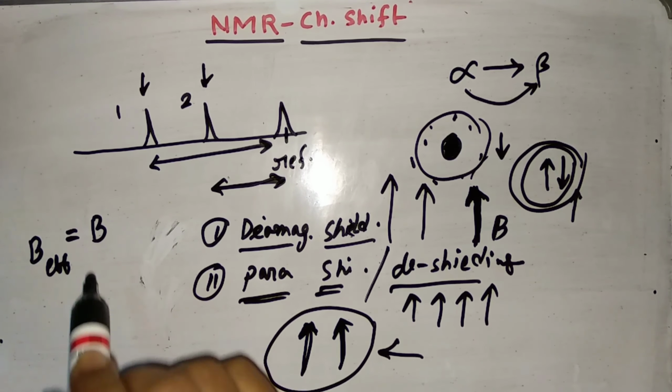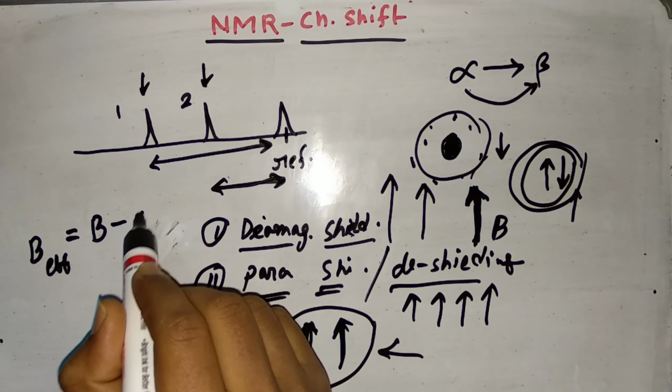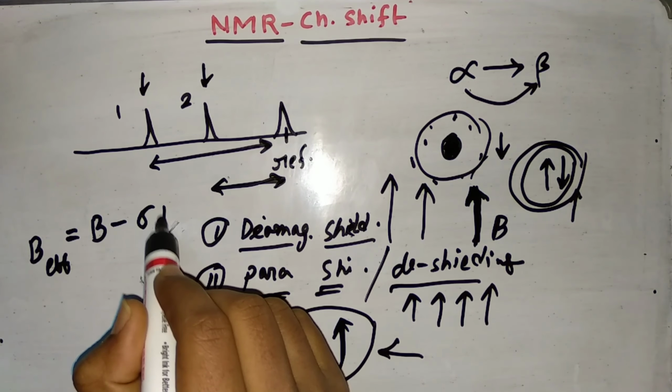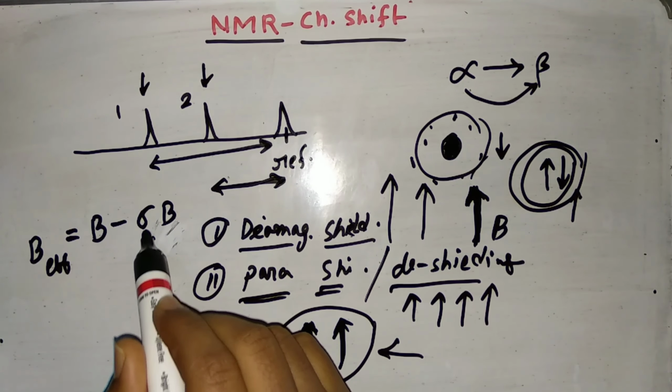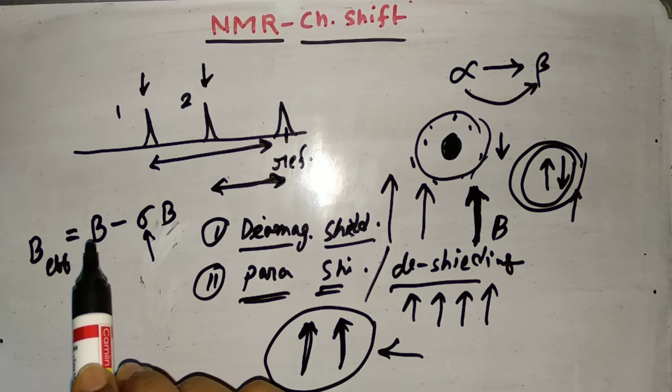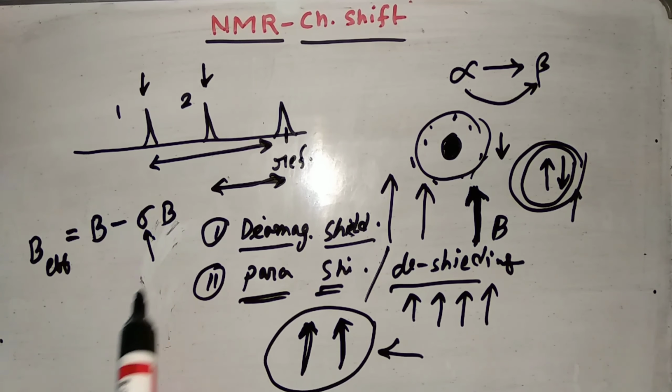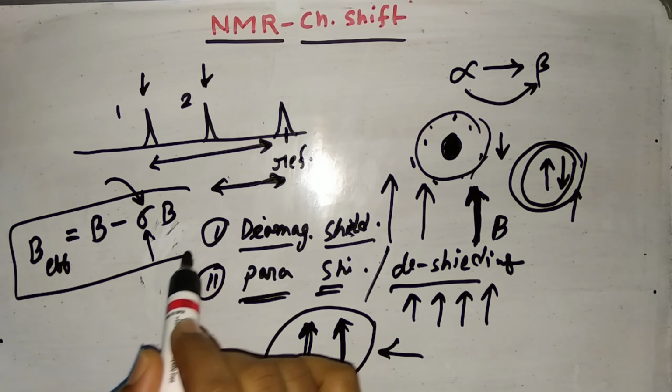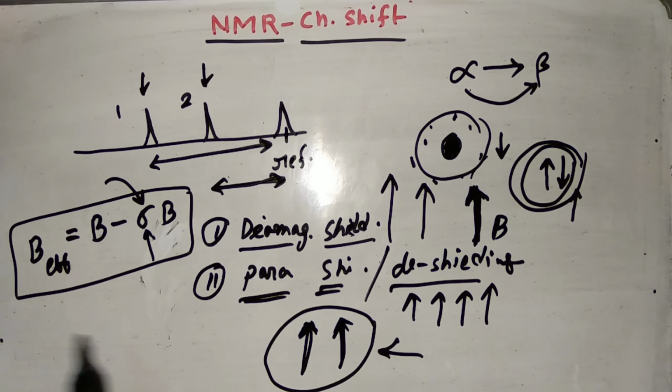So B effective will be B minus sigma into B. Here sigma is called the shielding or screening constant. You know about the shielding or screening constant from your first year inorganic chemistry or physical chemistry courses, so from here the concept is coming.